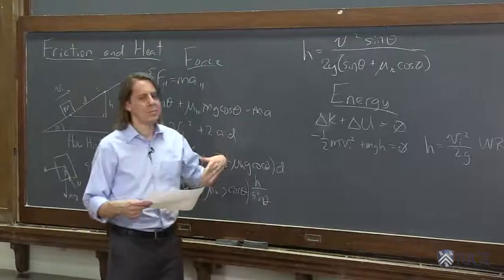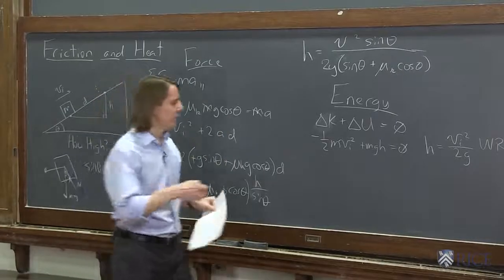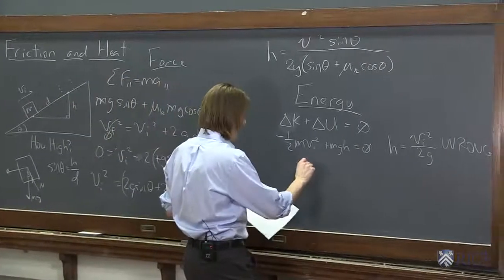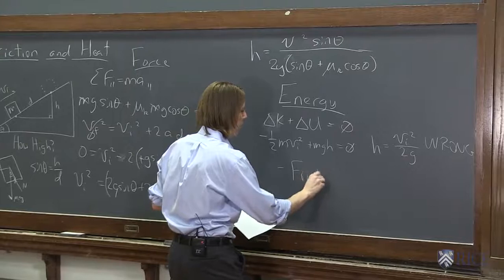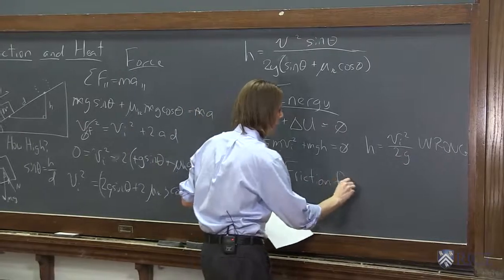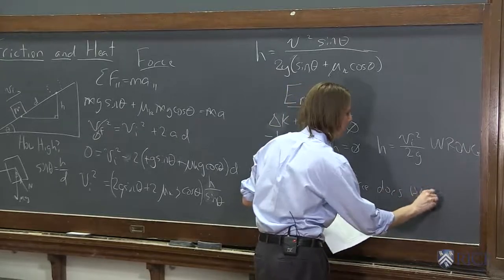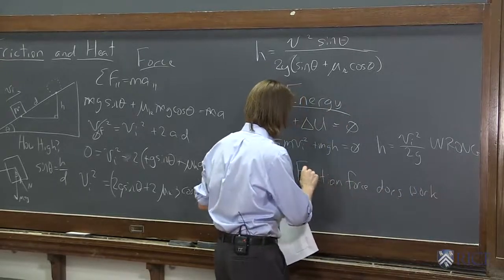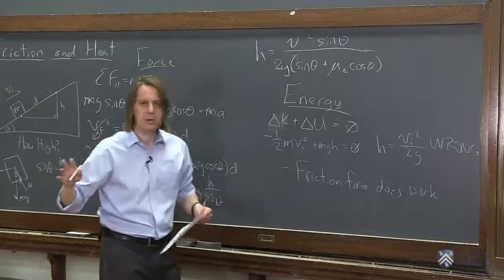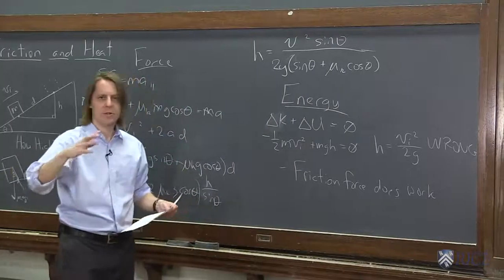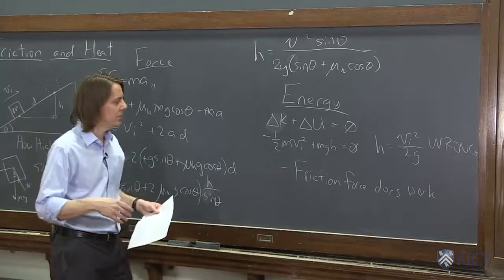To do the energy part properly, we have to consider two things. One is that the friction force does work, if you want to think of it that way. There's no reason it wouldn't. It's a force being applied to the block, and it's along the direction of the displacement of the block, so it's going to do work.